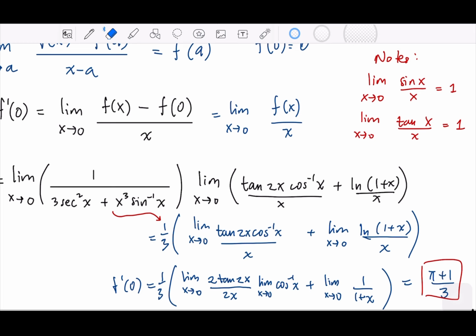Deriving is not the problem; simplifying what you derive is the problem. Sometimes you derive and it's too massive.